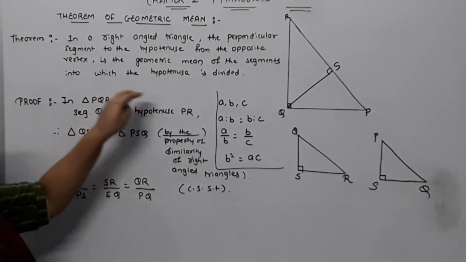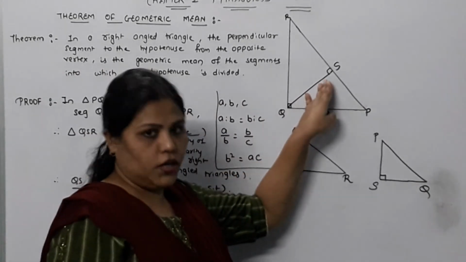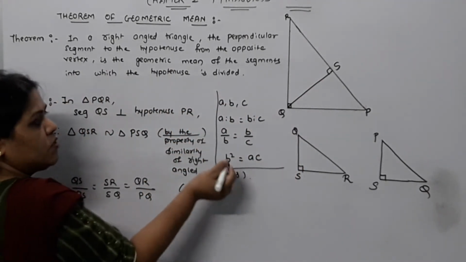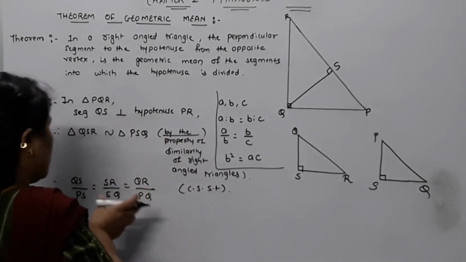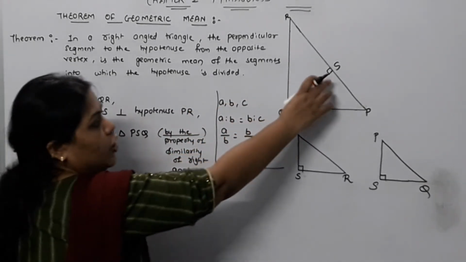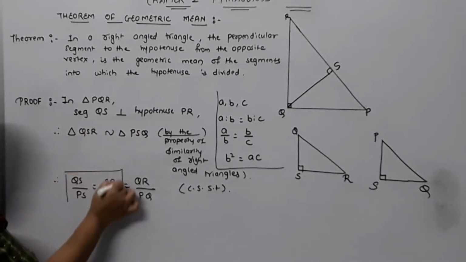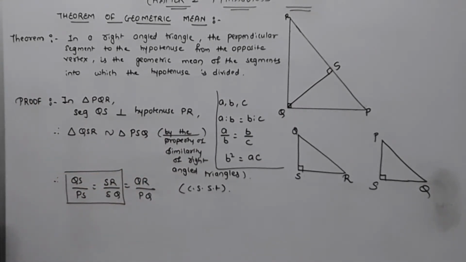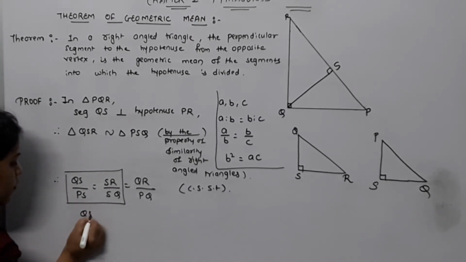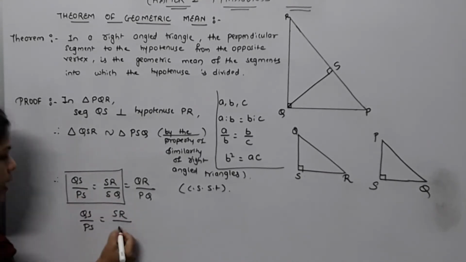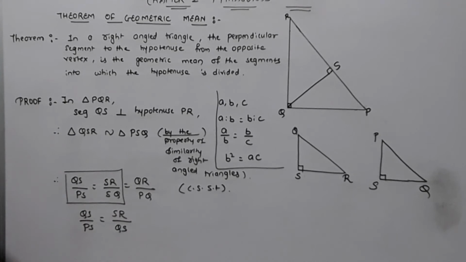Now, so as to prove that QS is the geometric mean, we have to write it as B square, means we have to take the two ratios, like we should get QS into QS. So it can be our first two ratios, that is QS upon PS is equal to SR upon, instead of SQ I can again write it as QS.